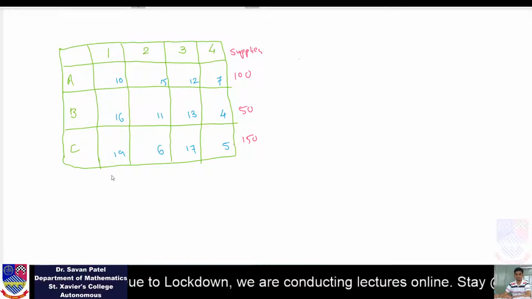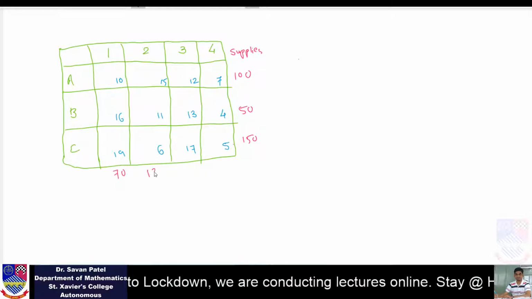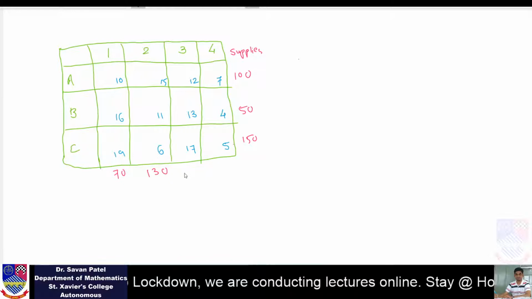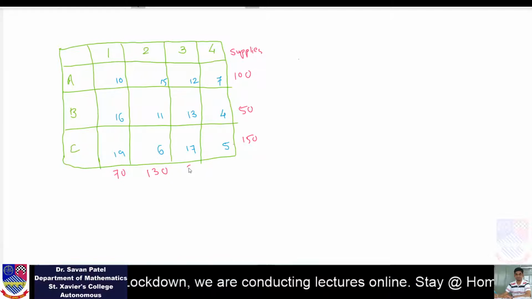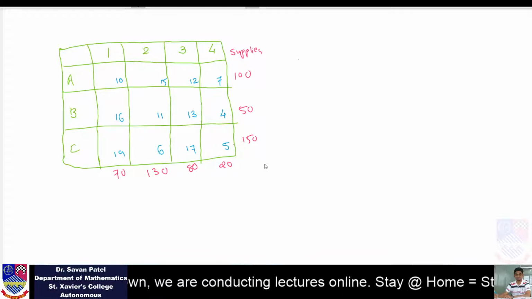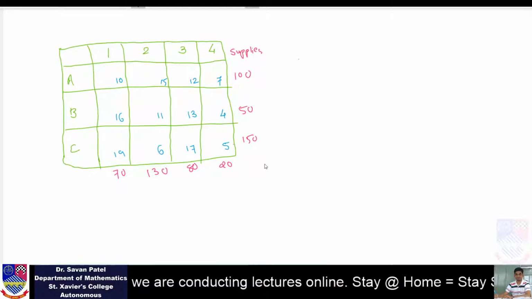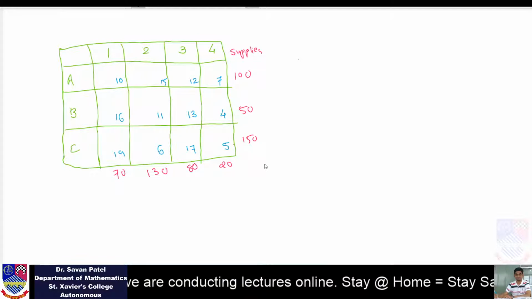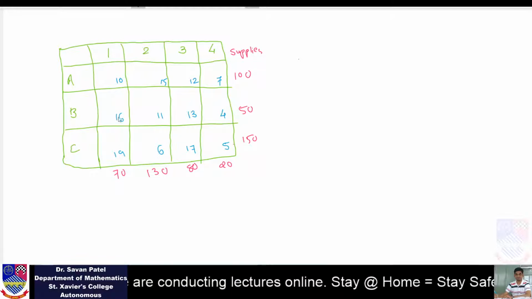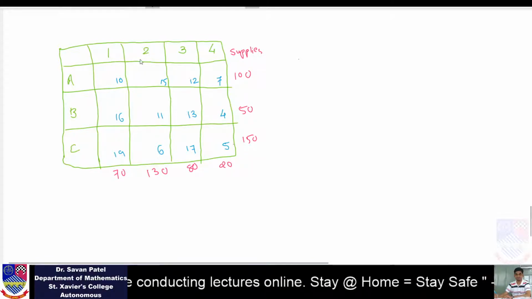And the demands are, say, 70, here 130, here 80, and here 20. You can solve this and give any feasible solution via any approximation method you have seen. I have given you an exercise to check how many solutions you can find.